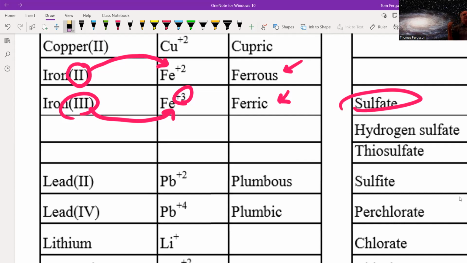Now, if you're an analytical chemist in our department here and you order some chemicals online, they're going to use iron(III), iron(II). So you need to know you'll see either one. And this department has chosen not to teach the ferrous and the ferric. I have chosen to show that to you because that's what you see in real life.